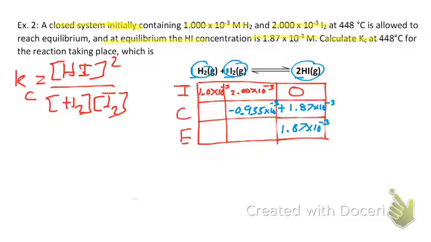All right? So that gives us the change. And so when we subtract the 2.00 times 10 to the minus 3 from our change, what we have left at equilibrium for our I2 is 1.06 times 10 to the minus 3. Okay? Molarity concentration. So now we have 2 of the equilibrium concentrations.